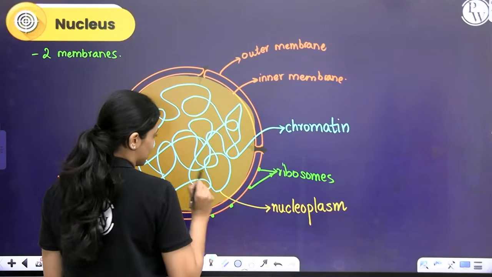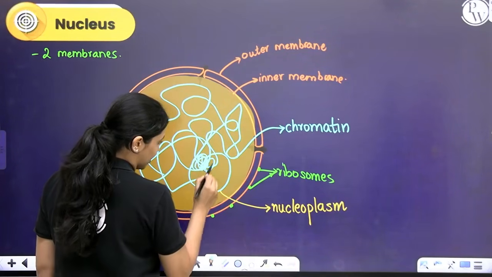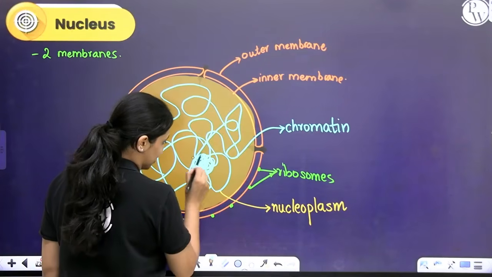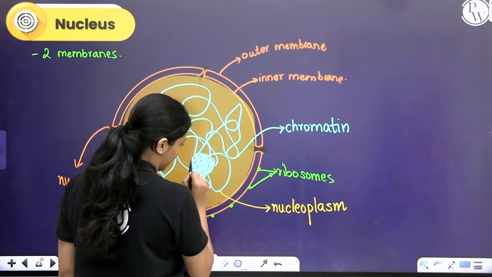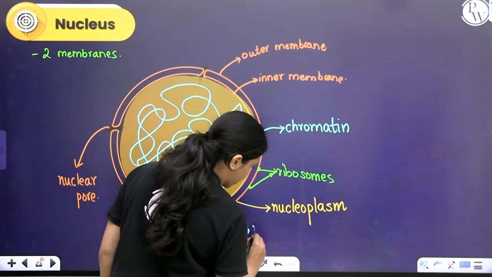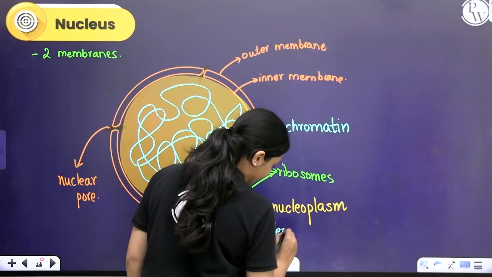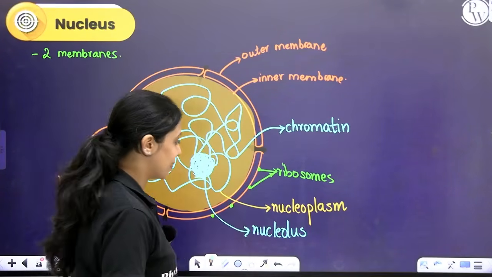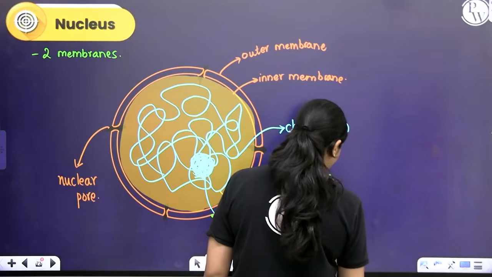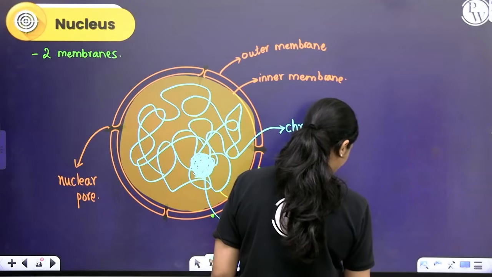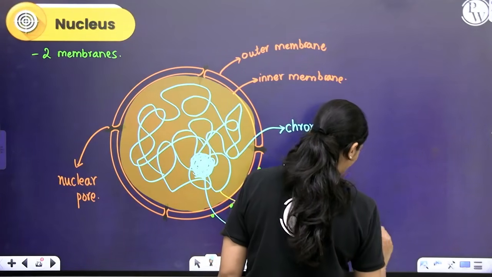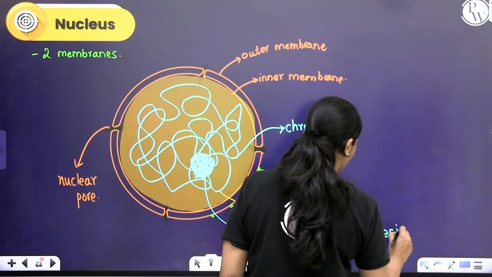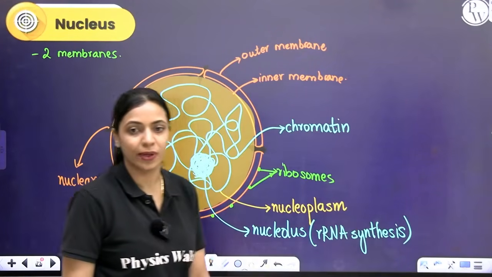Certain regions inside the nucleus take up a lot of stain and appear densely stained. Such regions are called the nucleolus. Basically, these are regions where a lot of rRNA synthesis is happening, ribosomal RNA synthesis. Remember I told you that ribosomes are composed of a type of RNA called ribosomal RNA.